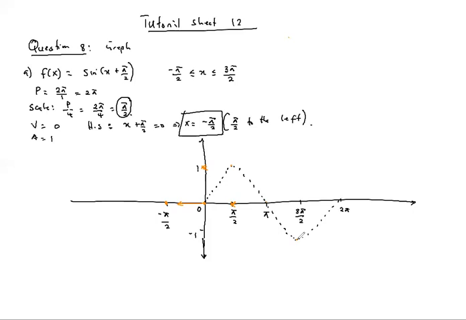Then this point will move up to here, and that point will move up to here. And then we're able to sketch our function. So this is our final graph. You just put the initial graph of sine in dots, and then you shift it. Then that will be the graph.